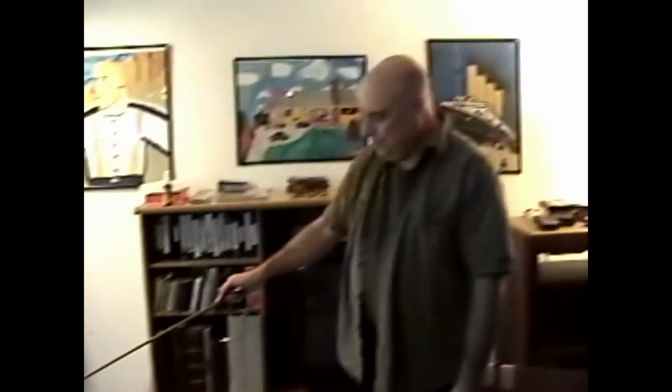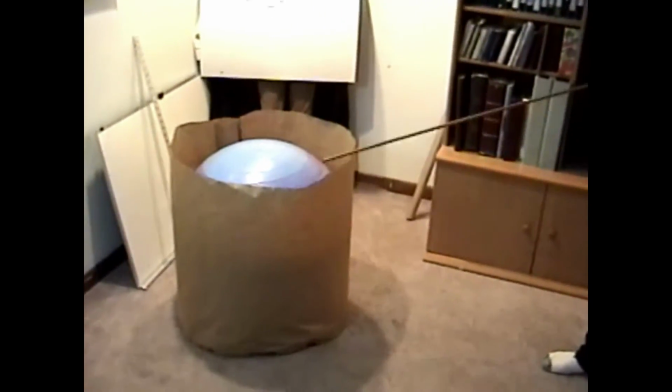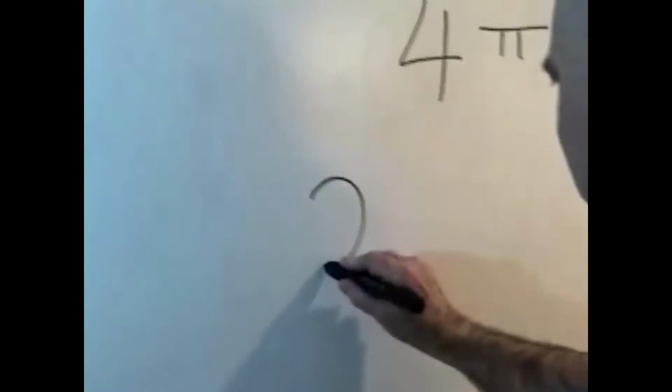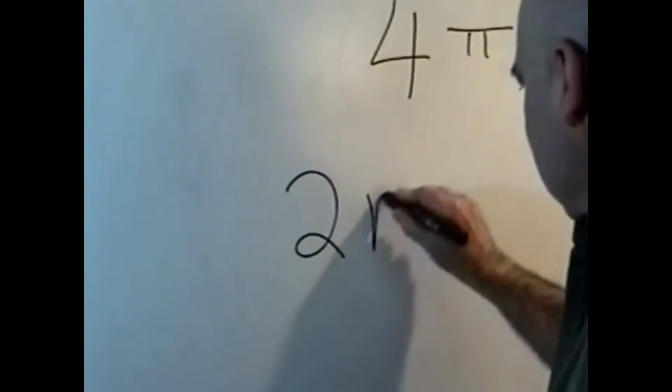What we have is a blue sphere, and the blue sphere is surrounded by paper. Now let's look at this paper. There's something special about it. First, the height of the paper is equal to the height of the sphere, and the height of the sphere is equal to 2 times the radius. It's equal to 2r.